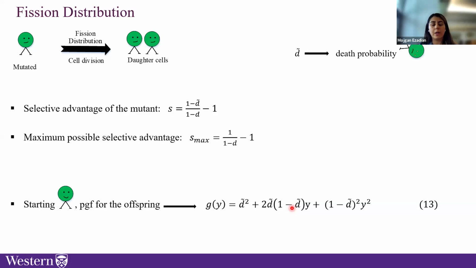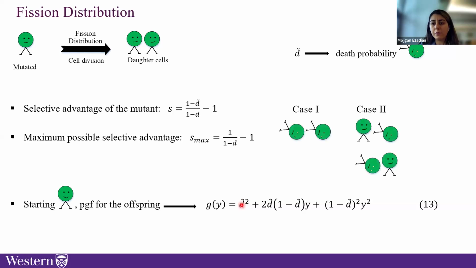The selective effect or selective advantage of this mutation is equal to (1 minus d tilde) over (1 minus p) minus 1. And if d tilde is equal to 0, we can find the maximum possible selective advantage. When we start with a mutated individual, the PGF for the offspring covers when both of them die, only one of them survives and the other dies, and both of them survive.